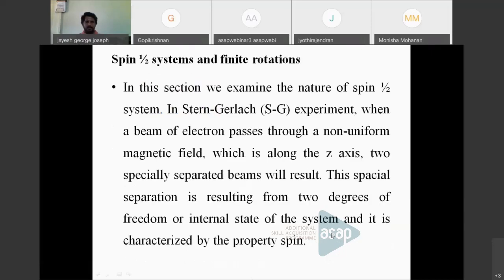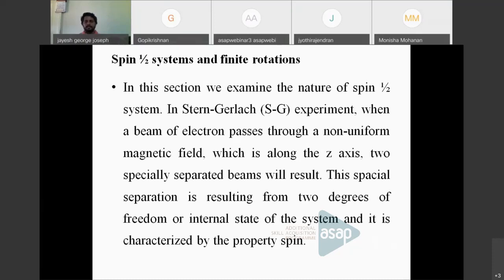Okay. And now I'm going to discuss the spin half system and the finite rotations. In this section, we examine the nature of a spin half system. In the Stern-Gerlach experiment, when a beam of electrons passes through a non-uniform magnetic field along the z-axis, two spatially separated beams will result.